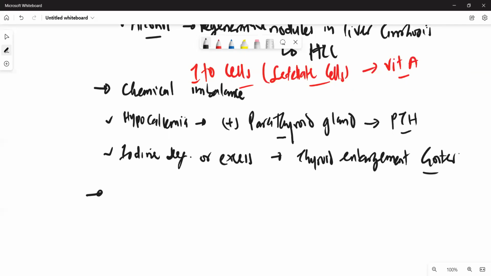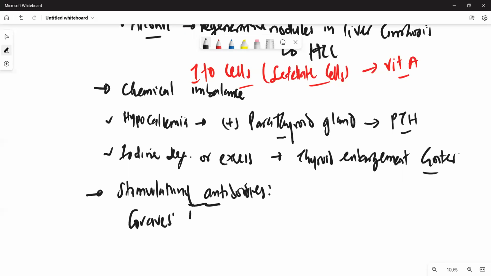So another example of hyperplasia is stimulating antibodies. An example of this stimulating antibody is classically seen in patients who have Graves' disease.